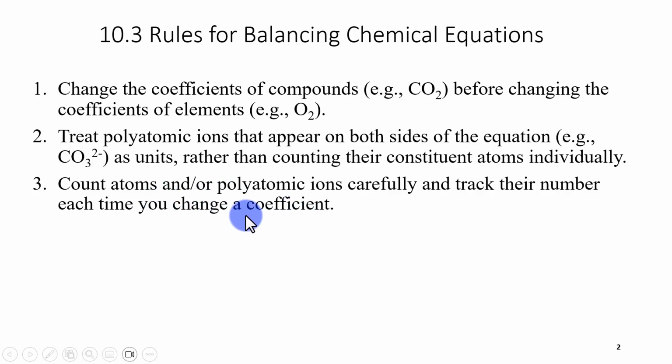Remember, if you change a coefficient, especially of a molecule, after you have balanced one of those atoms, make sure that you go back and count in case you have changed the number of atoms of the other element and then you don't account for them. That's why it's good to leave those elements for last.